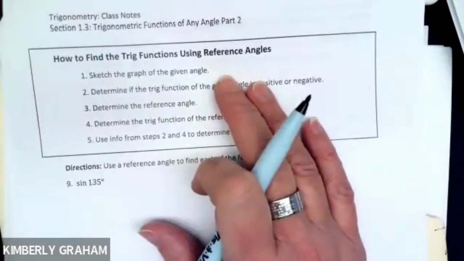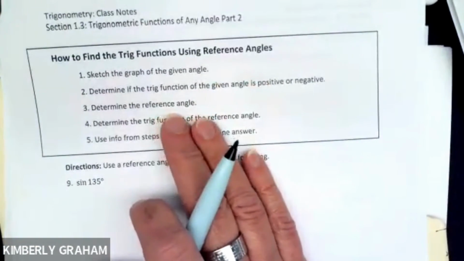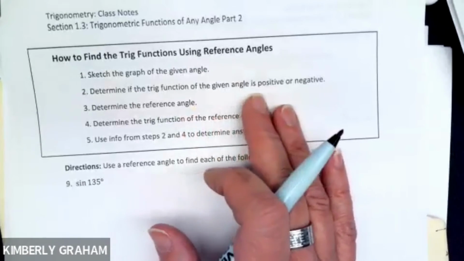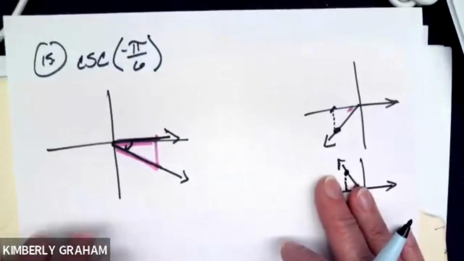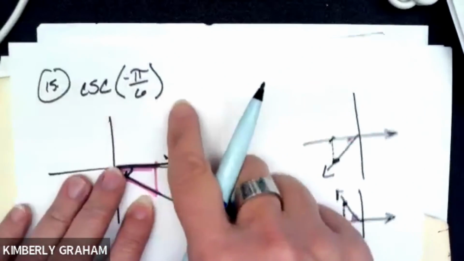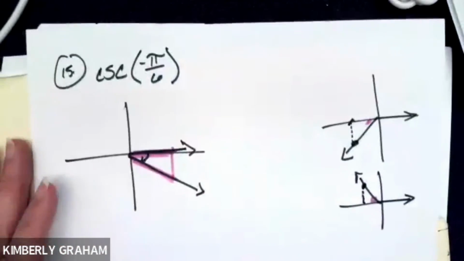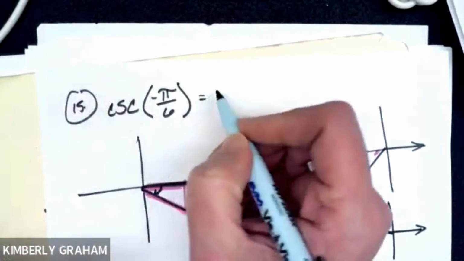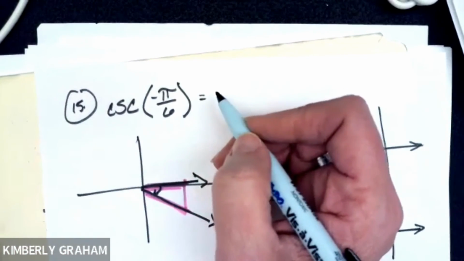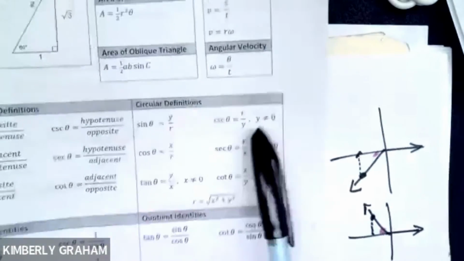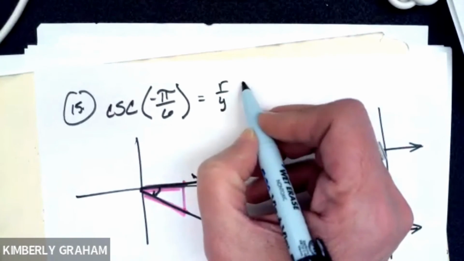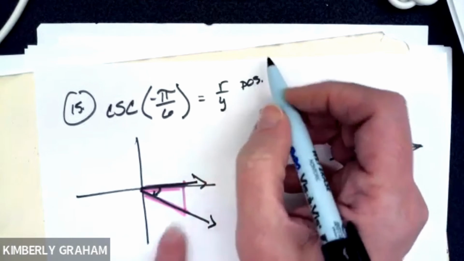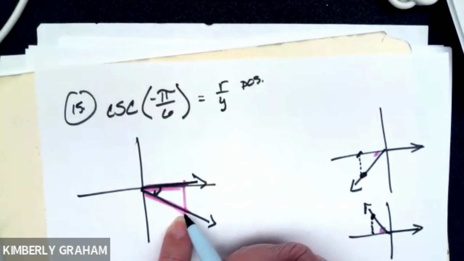Sketch the graph of the given angle and determine if the trig function of the given angle is positive or negative. When you are looking at the cosecant of negative pi over 6, cosecant according to your circular definitions is r over y. If r is always positive, what's going to be my y coordinate down here in quadrant 4?